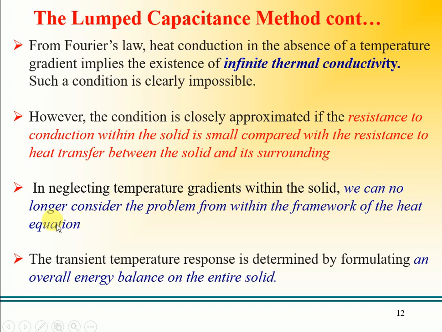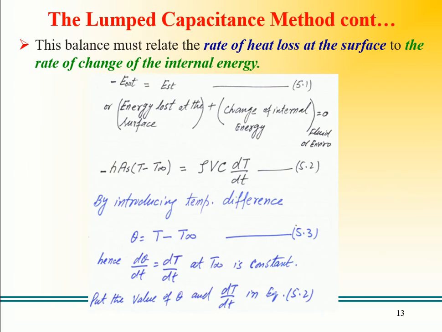So, neglecting the temperature gradient within the solid, we can no longer consider the problem within the framework of the heat equation. Of course, now we cannot apply the heat equation because there is no conduction. So the transient temperature response is determined by formulating an overall energy balance on the entire solid.